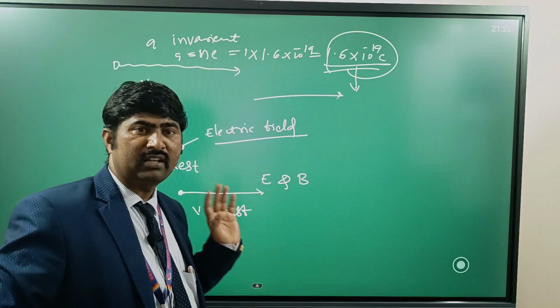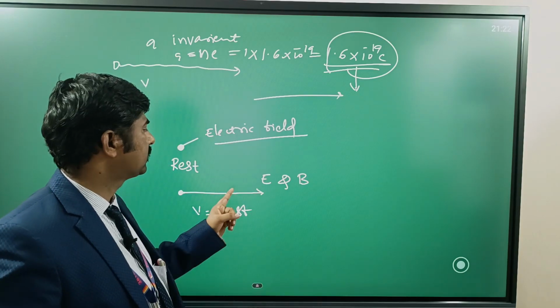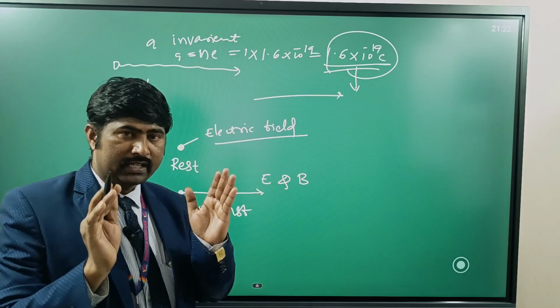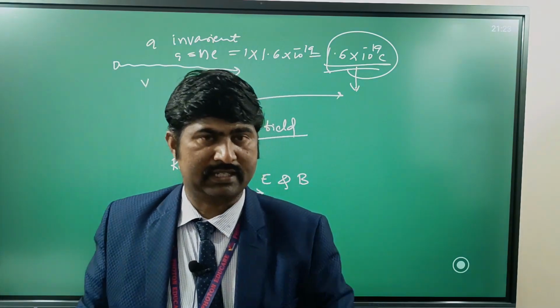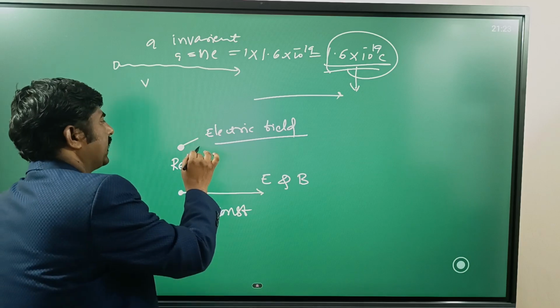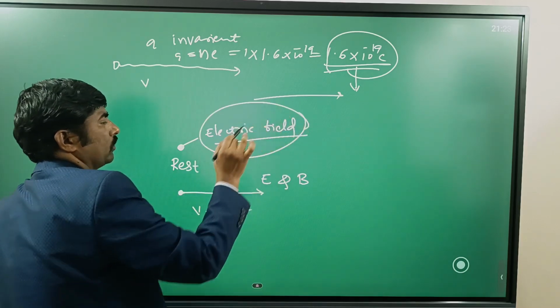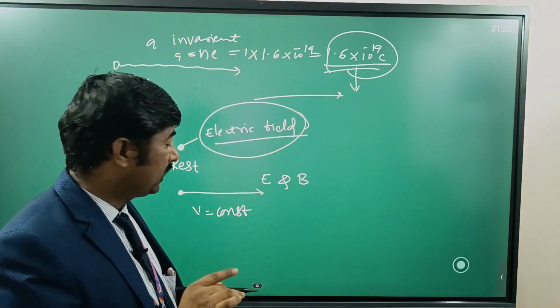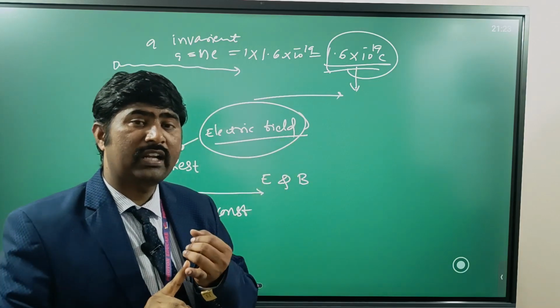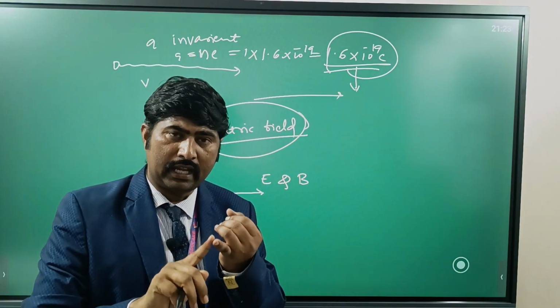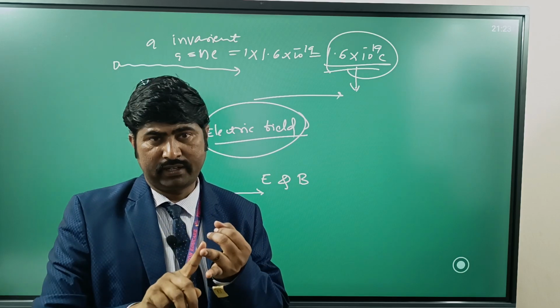Understand the thing, I will repeat one more time. When the electron is at rest, we get electric field alone. When the electron is moving with a constant velocity, it is associated with two fields: one is electric field, another one is magnetic field.